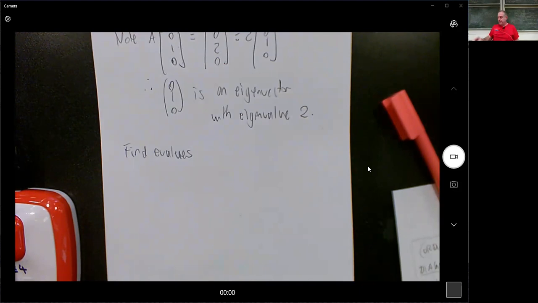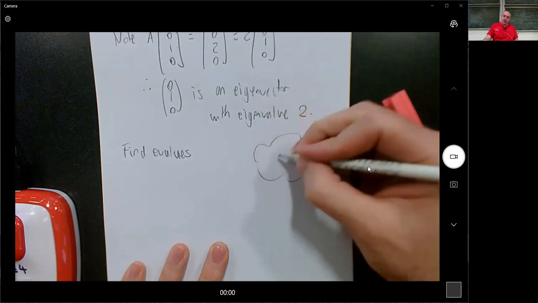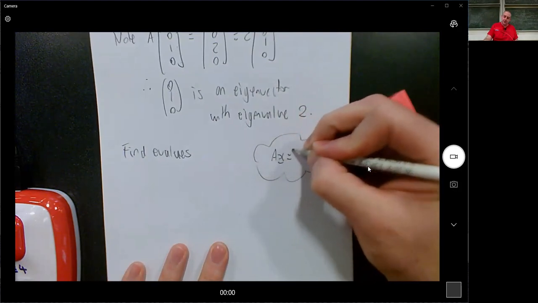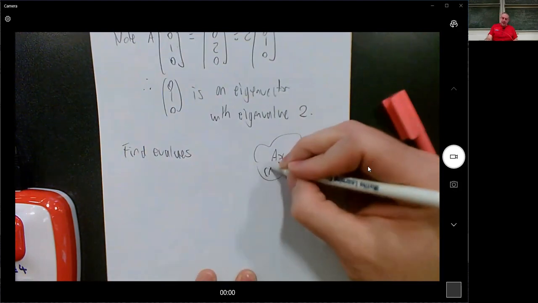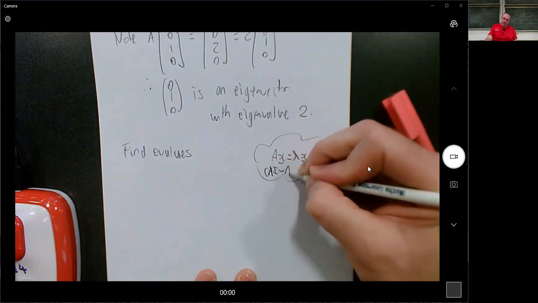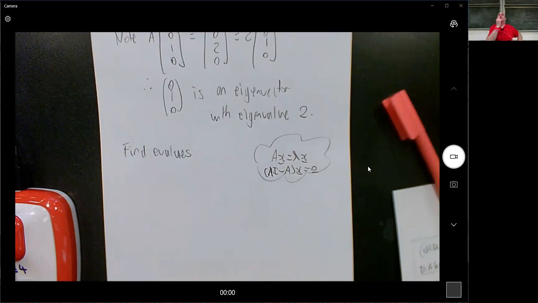All right. So in my head what I'm thinking is we're eventually trying to solve that. And you can rearrange that into this: lambda I minus A times X. You can do it as A minus lambda I, or lambda I minus A, doesn't matter.